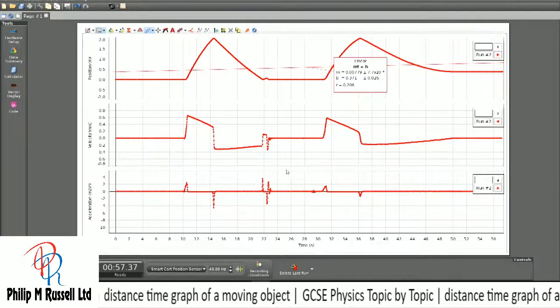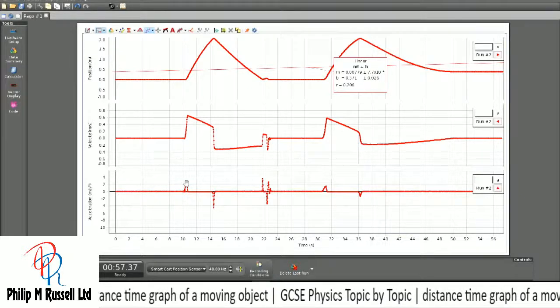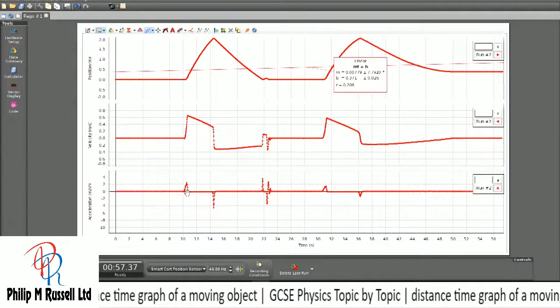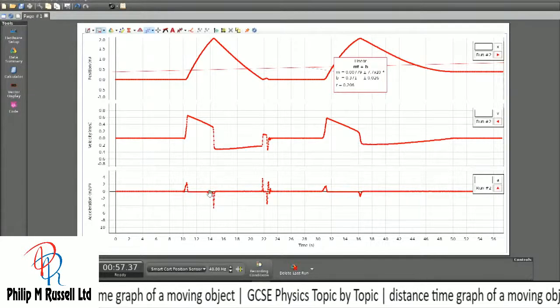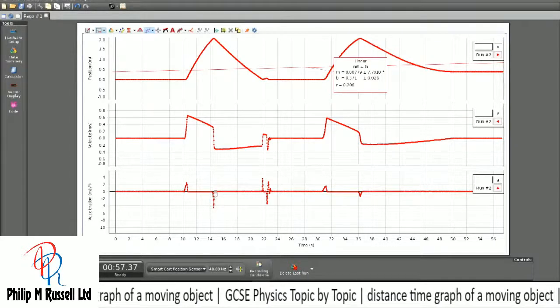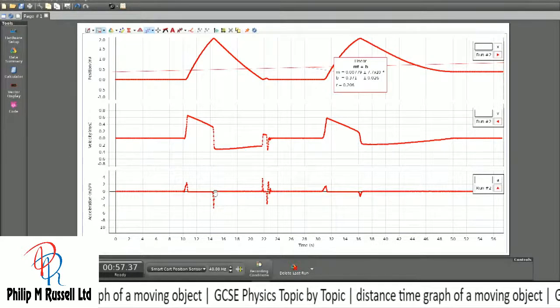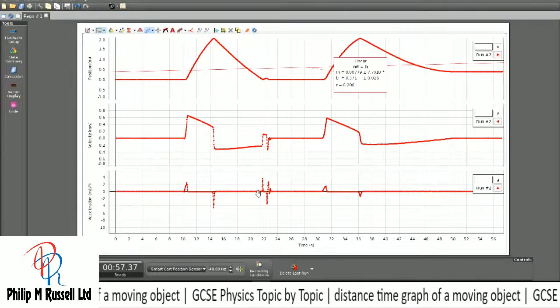I repeated the experiment. If we look at the acceleration, there is a sudden blip in acceleration, and then the acceleration stops, then it collides at the other end. There's a sudden change in acceleration going the opposite direction, and no more until it collides.